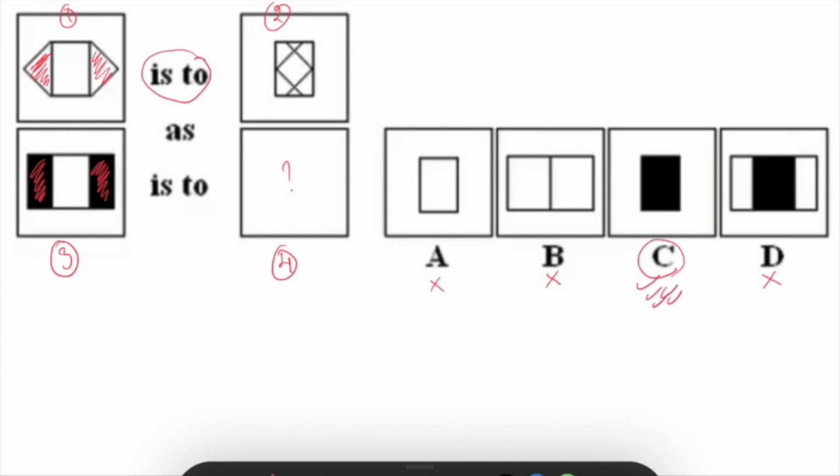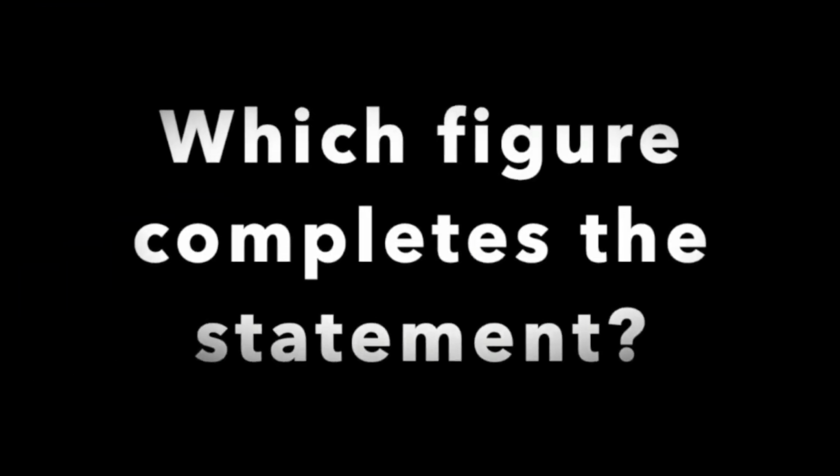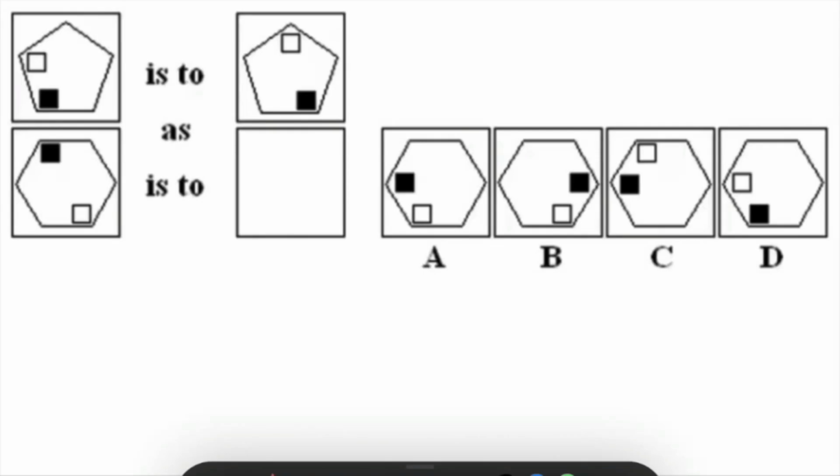This is a very good one as well. Working on this question, this is pattern 1, pattern 2, pattern 3, and the missing one is pattern 4. Let's analyze the relation between pattern 1 and 2.